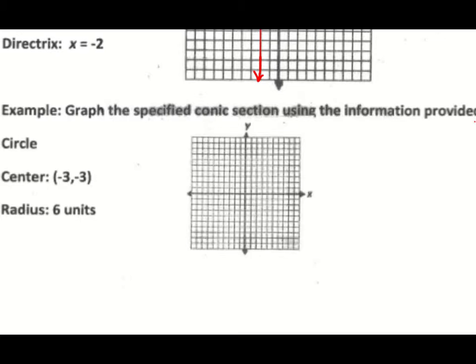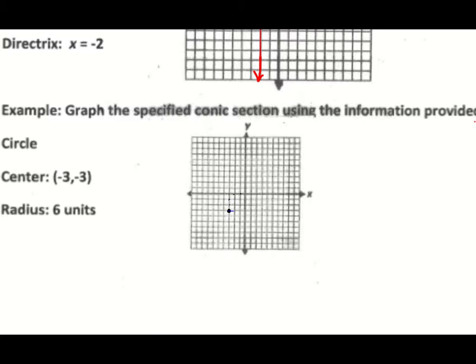If I go to that point, 1, 2, 3, down 1, 2, 3, right here is my center. My radius is 6 units. So that means half my circle is going to be 6 units. So I'm going to count 6 from my center, left, right, up, and down. So that way I know where all 4 points of my circle should touch.